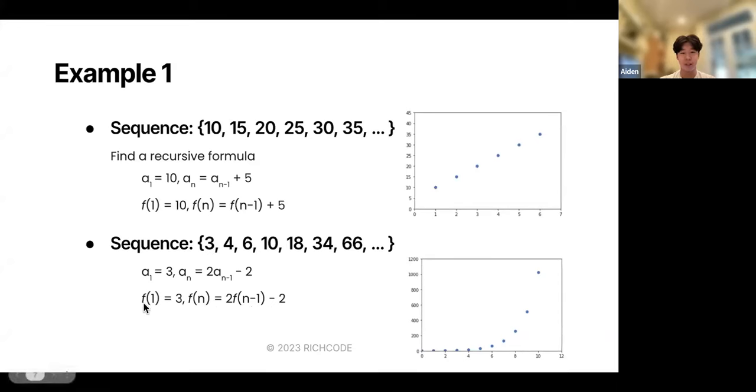So we see if f of 1 is equal to 3, which is the first number here, then the second number would be 3 times 2, which is 6, and then minus 2, which is 4. That's how we get that number. And so the recursive function for this sequence would look something like this, where f of n is equal to 2 times f of n minus 1, and this is the previous number, and then minus 2.